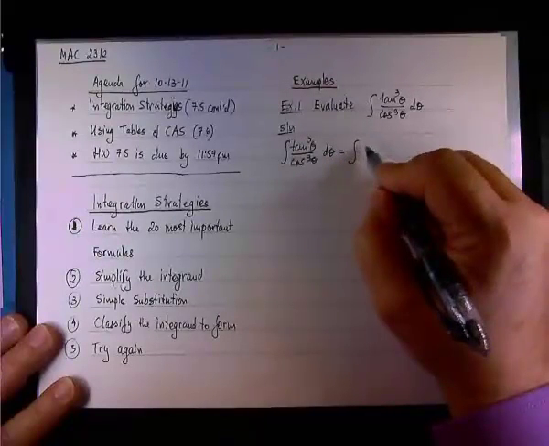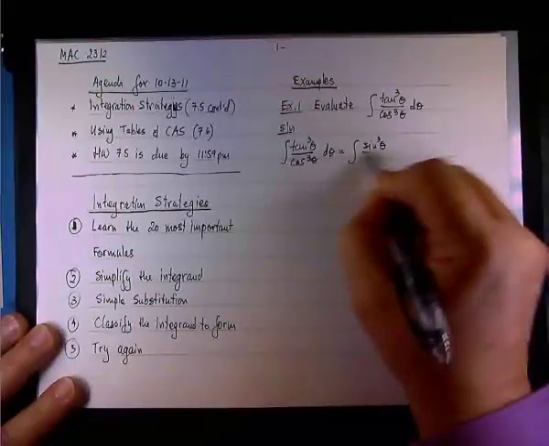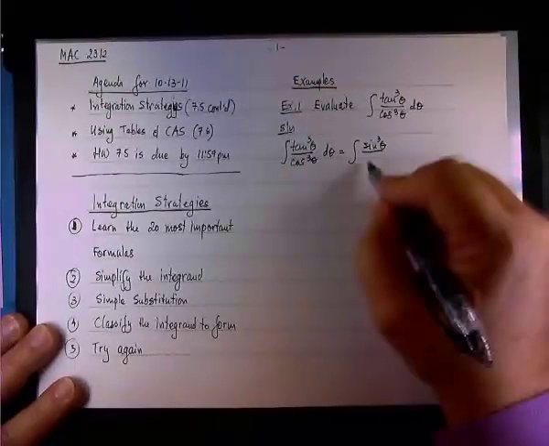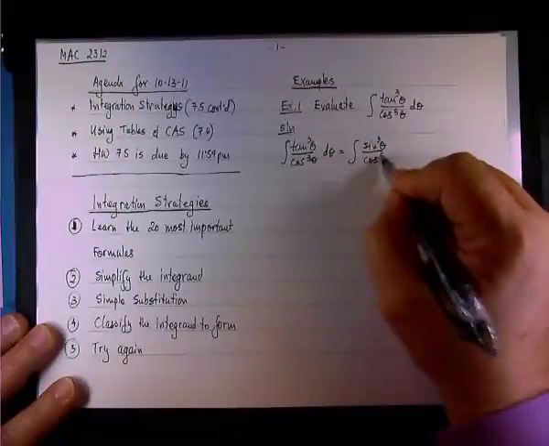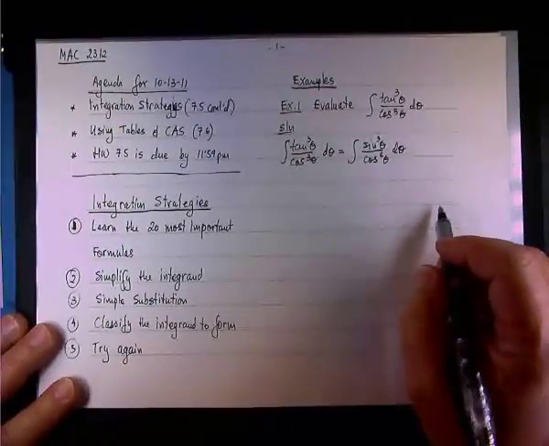The tangent is the sine over the cosine, so we have sine cube, and then we have cosine cube times cosine cube, so we have cosine to the 6 d theta.